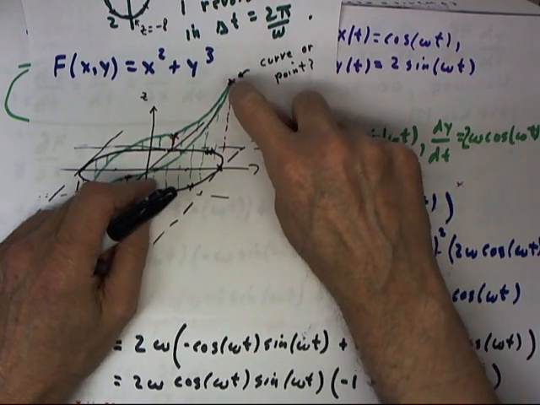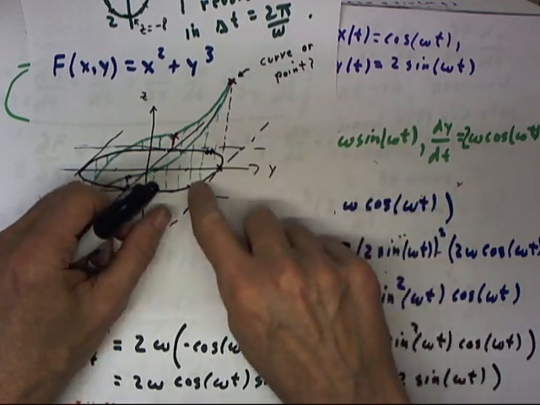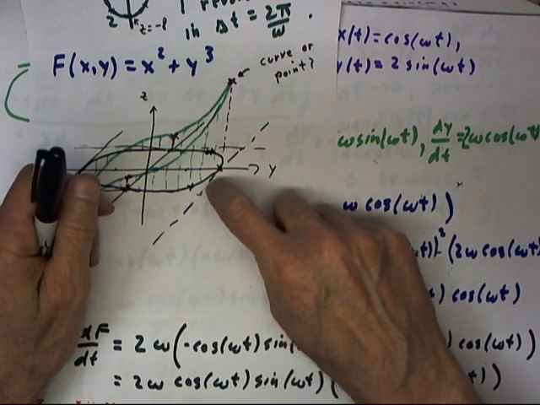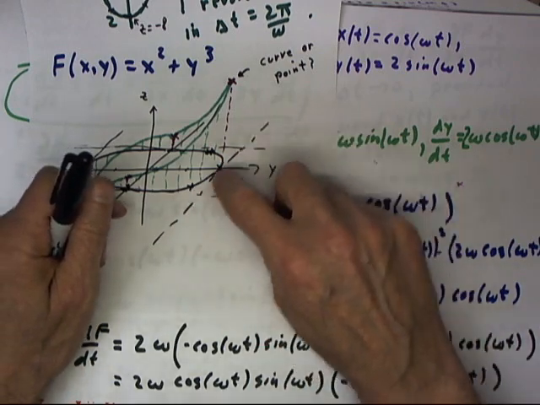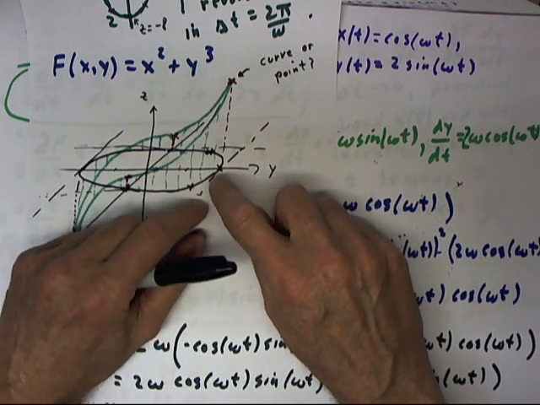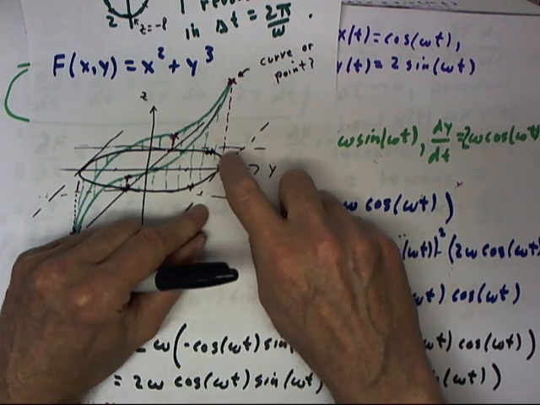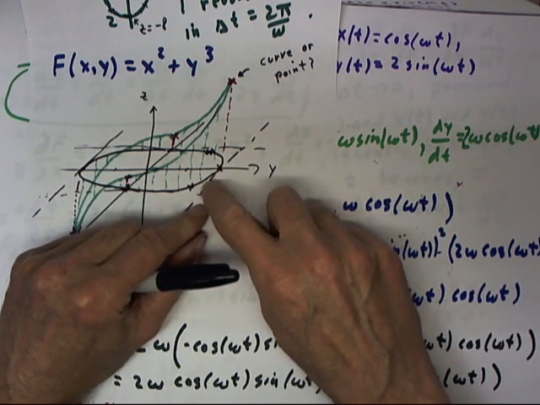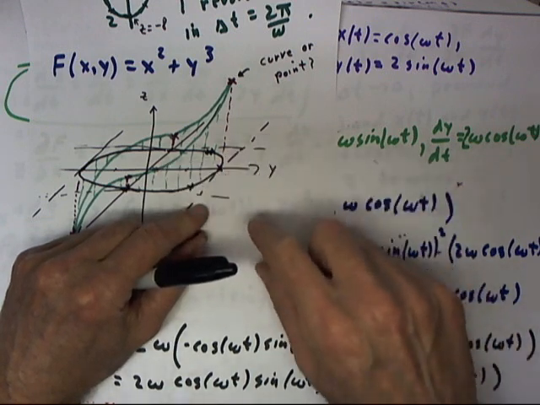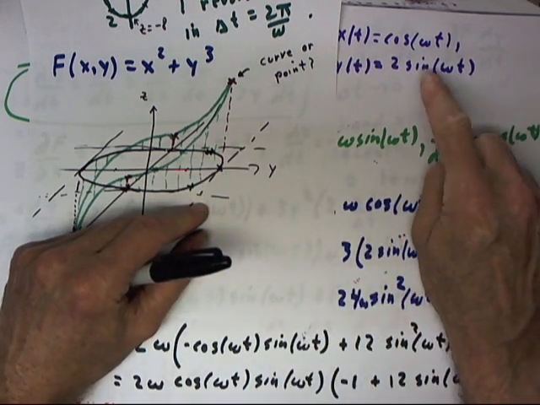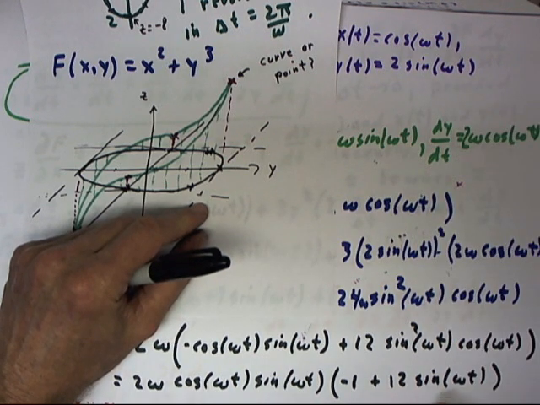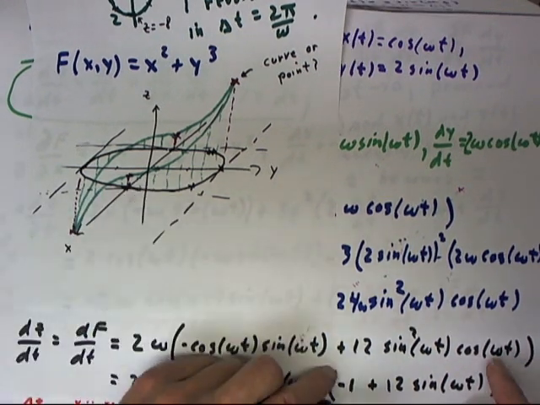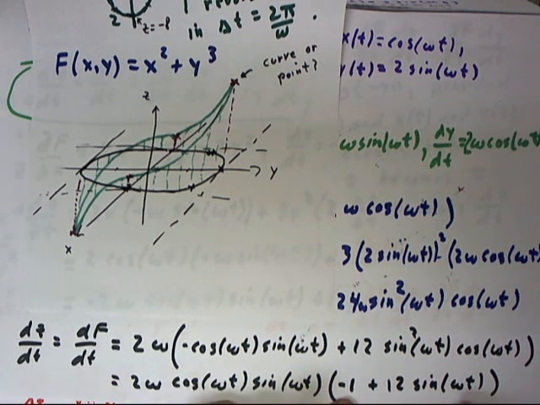As we approach this point, our y value on the ellipse is going to be close to 1, close to its maximum value. Now, it's not going to change much from its maximum value near the peak of this ellipse, which means that the sine of omega t is going to stay pretty close to 1, which means that this part of our derivative is going to stay pretty close to 11.